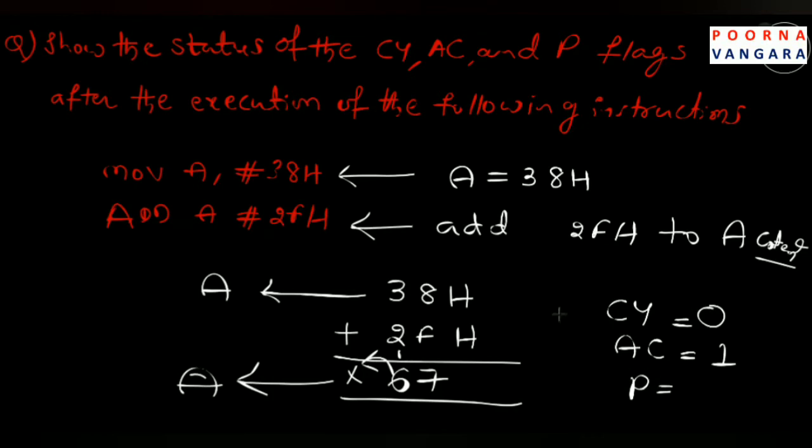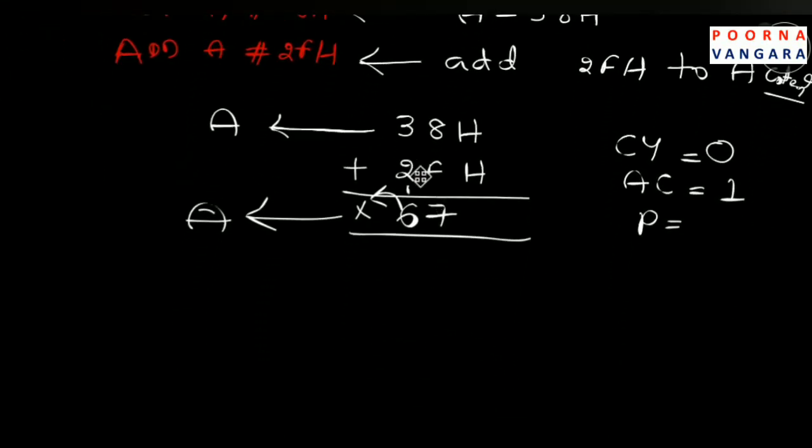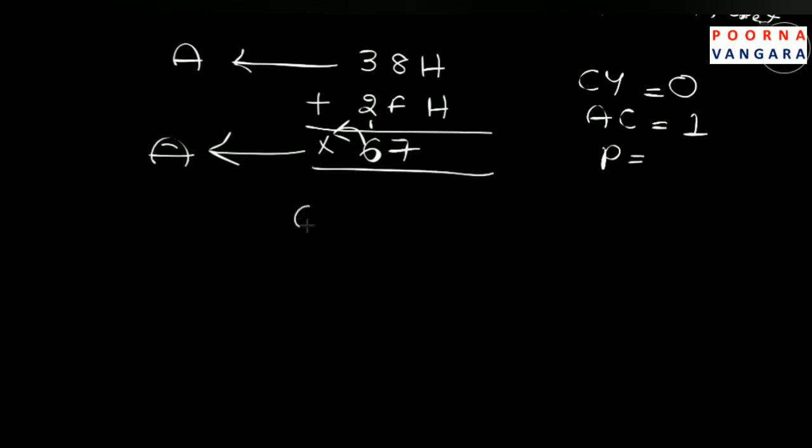Coming to parity, you need to calculate the number of ones in the result. All these flags will be affected from the result. So 67H is 0110 and 7 is 0111 in binary.